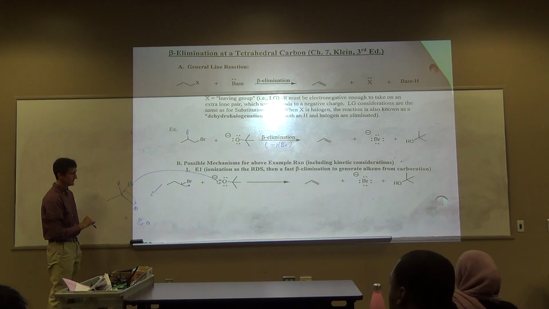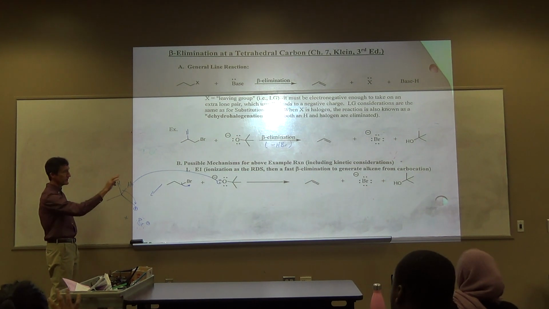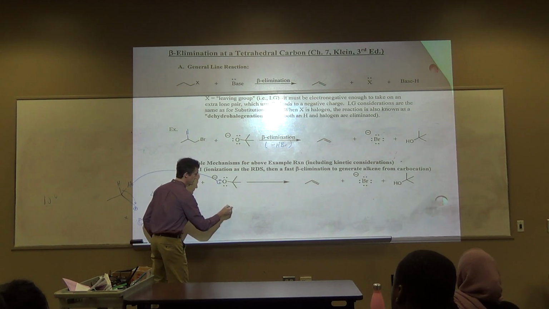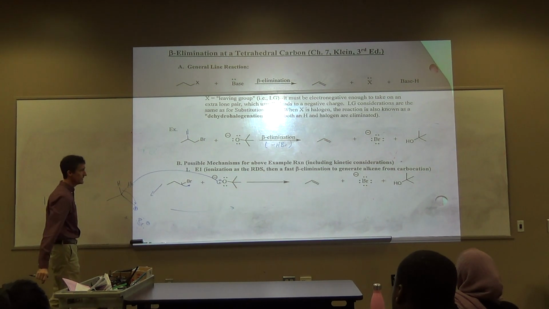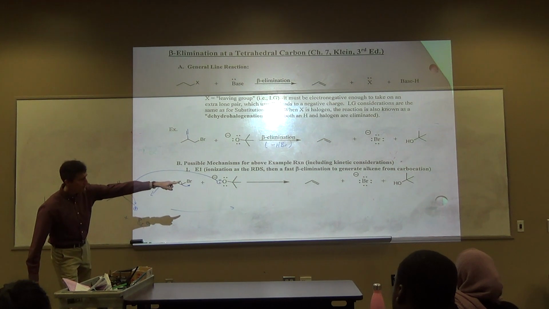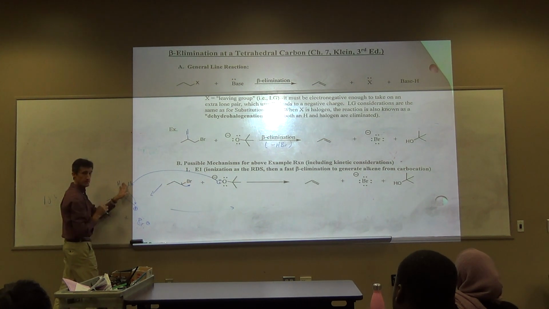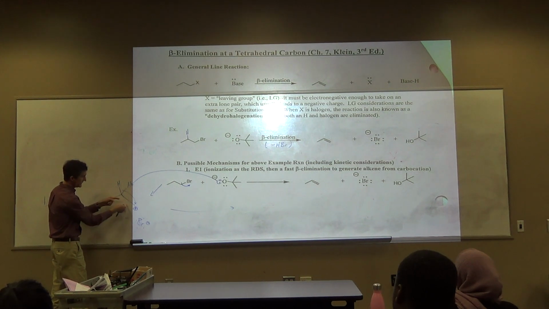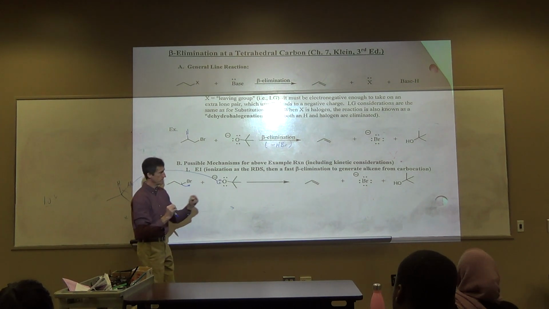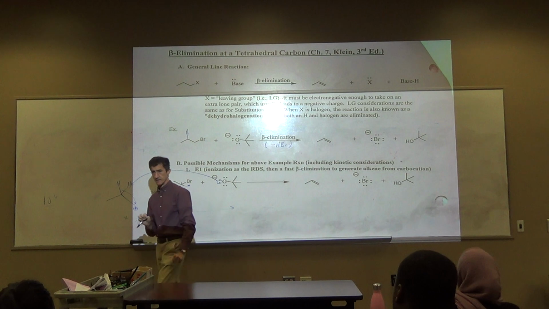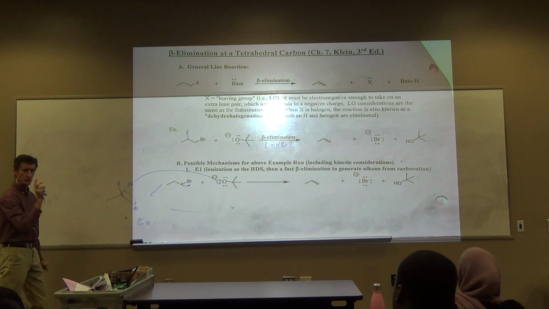What does this give? We're done. It gives all that. You can draw an arrow to that. Because the alcohol on the far right is made right here, correct? And when this moves in to make the pi bond, what do you get? You get that.